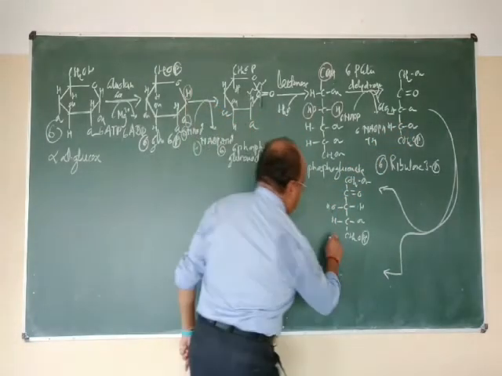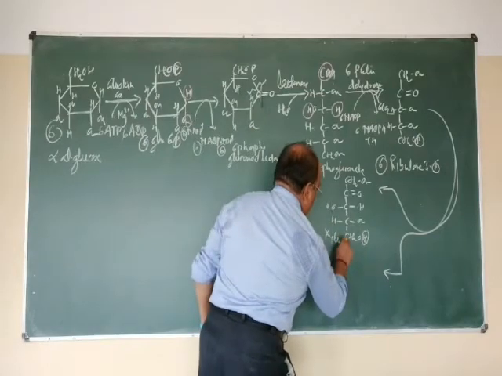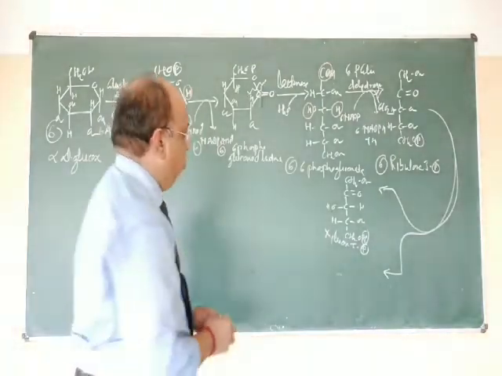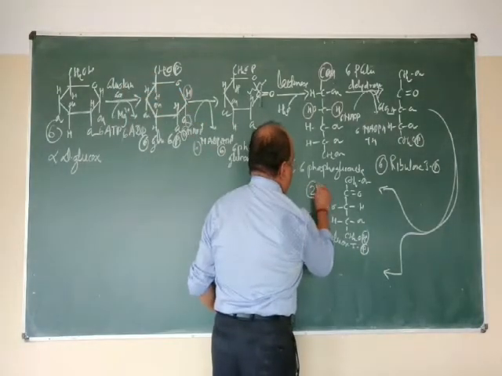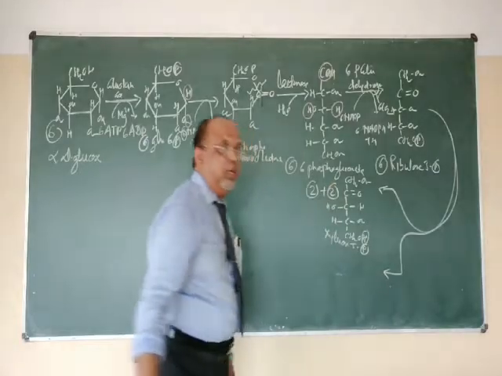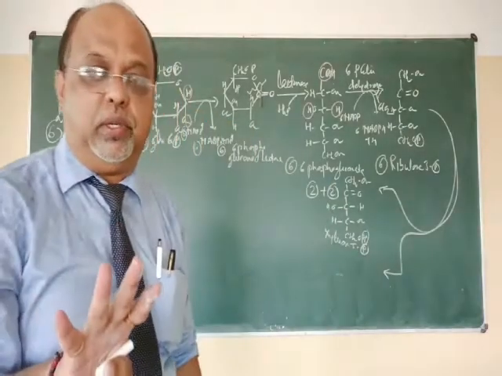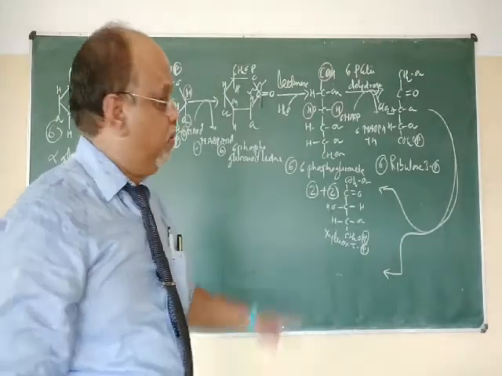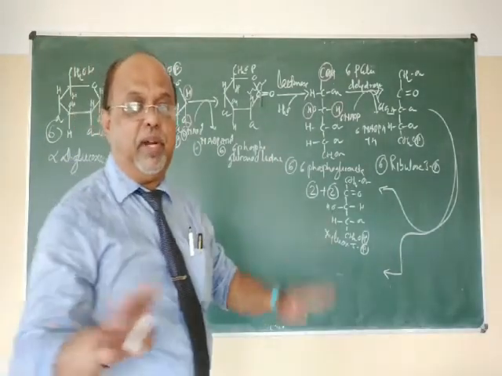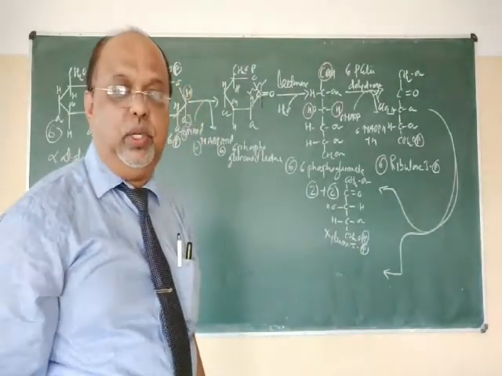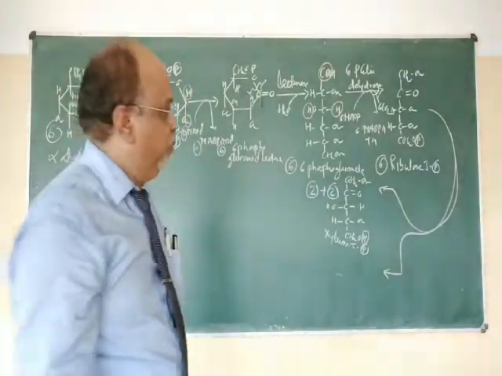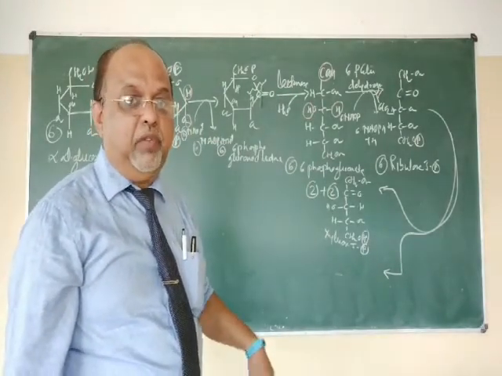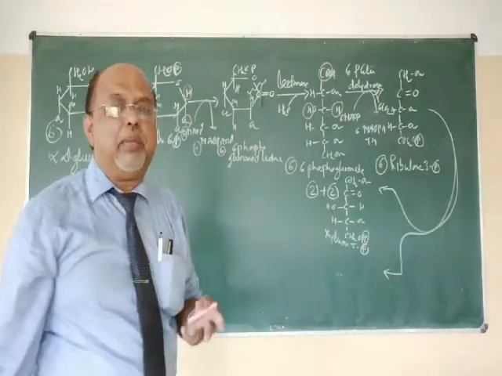This is known as xylulose 5-phosphate. Okay, so how many molecules? 2 plus 2 means 4 molecules of ribose 5-phosphate. These are epimerized to 4 molecules of xylulose 5-phosphate. For our convenience, I have shown 2 plus 2. Later you will come to know why I have written like this. Okay, and the remaining 2 are isomerized. Which is the isomer of ribulose? That is ribose.